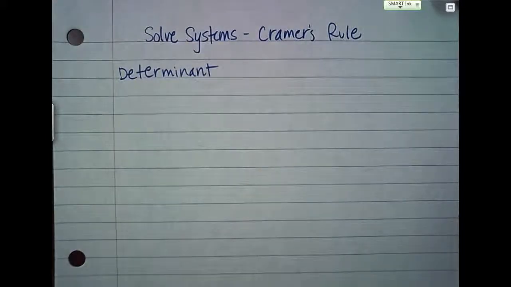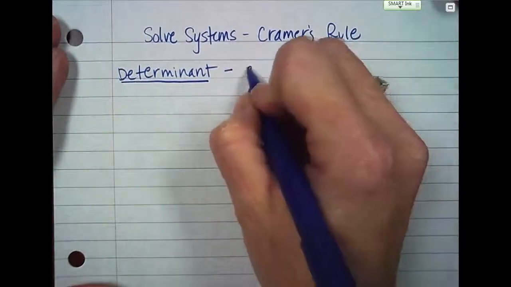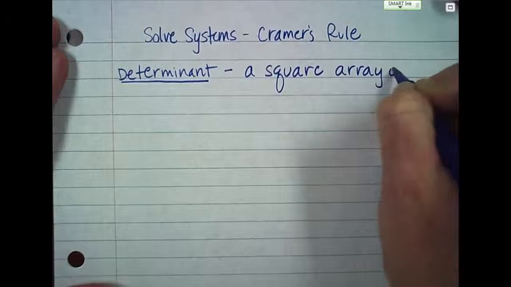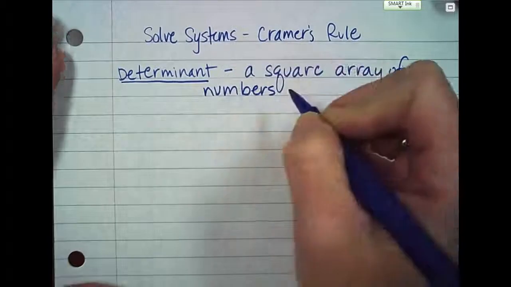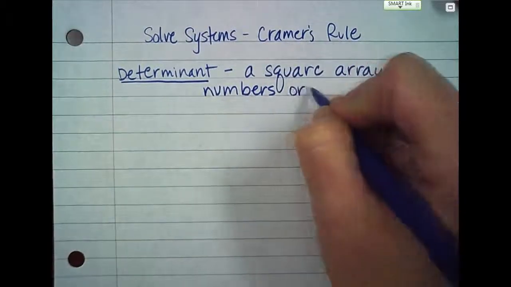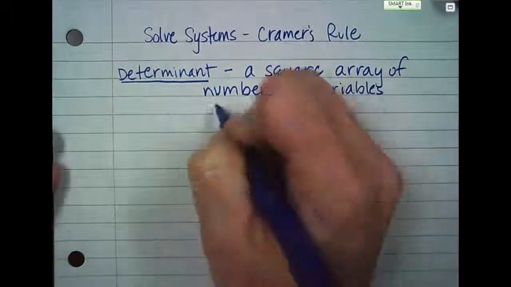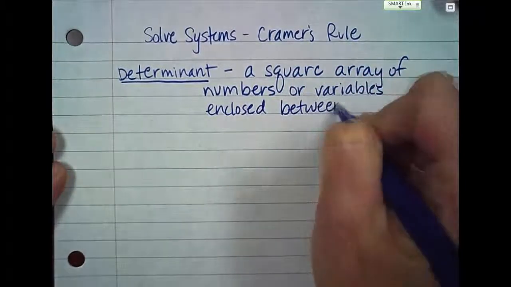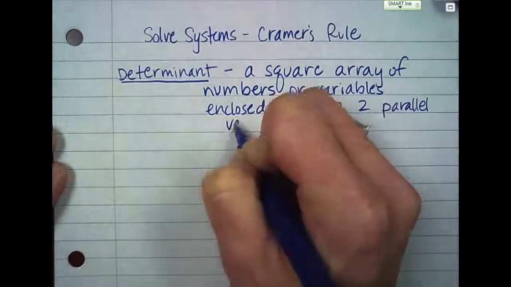Alright, so we're going to solve systems using Cramer's rule, and our first definition is a determinant. A determinant is a square array of numbers or variables enclosed between two parallel vertical bars.